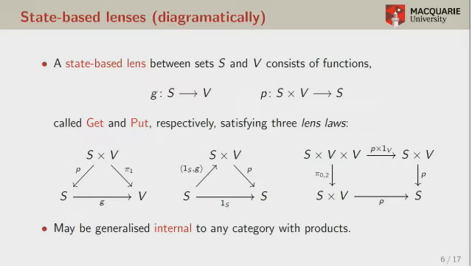And the good thing is that once we write these diagrams, immediately we can say that these objects, these two sets that a lens moves between, don't actually have to be sets. They can be internalized to any category with products, because all we need to write these diagrams and these axioms is a Cartesian product in our category. And so I guess we can internalize the definition of a lens to any category with products.